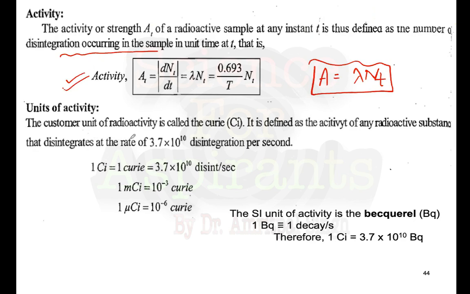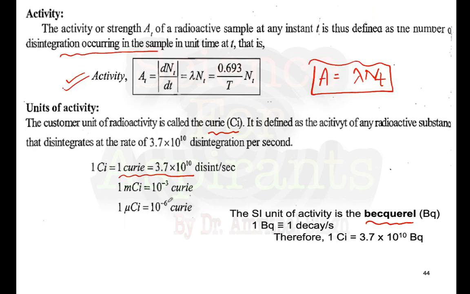The unit of radioactivity is called the Curie, and the SI unit of radioactivity is the becquerel. One becquerel is equal to 1 decay per second, and from that we can find the unit in terms of Curie: 1 Curie is equal to 3.7 times 10 raised to power 10 disintegrations per second.